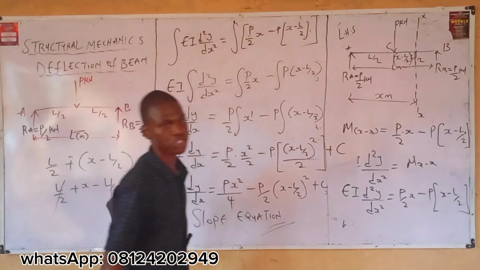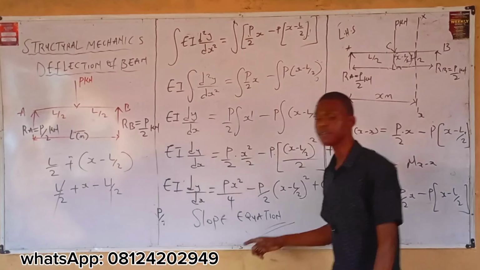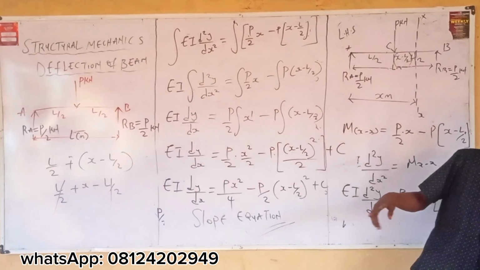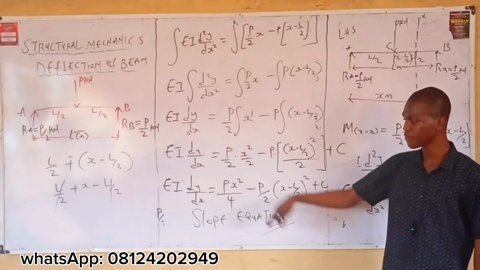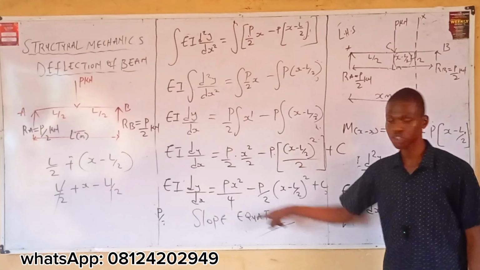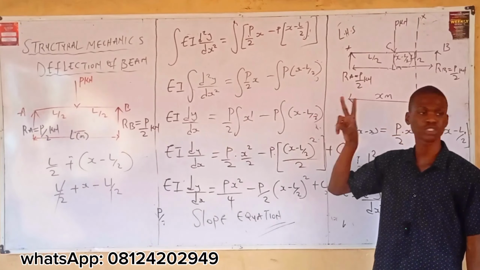Now let's get the deflection equation. How do you get the deflection equation? This is your slope equation. You integrate your slope equation, meaning you perform your integration twice.